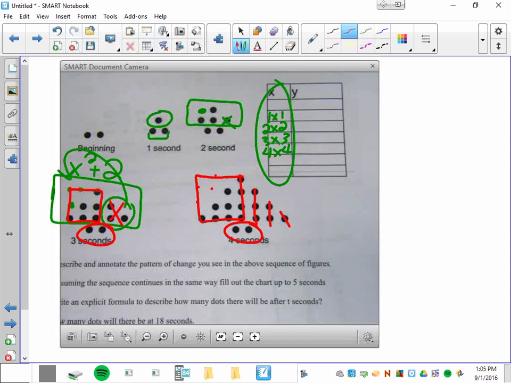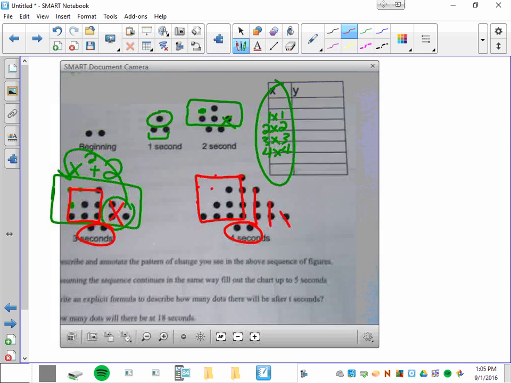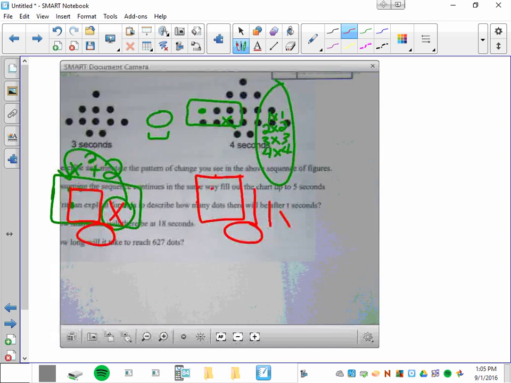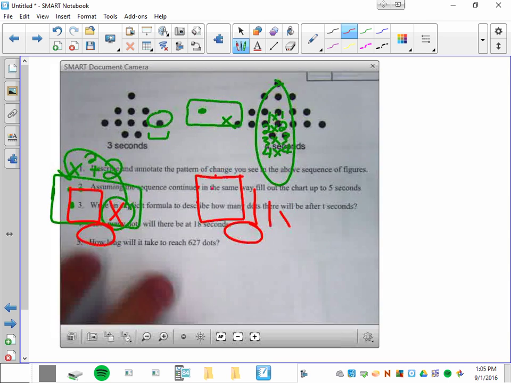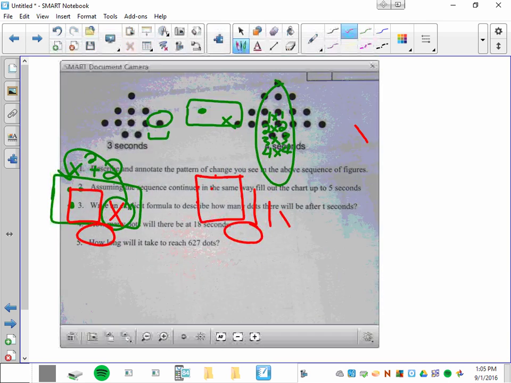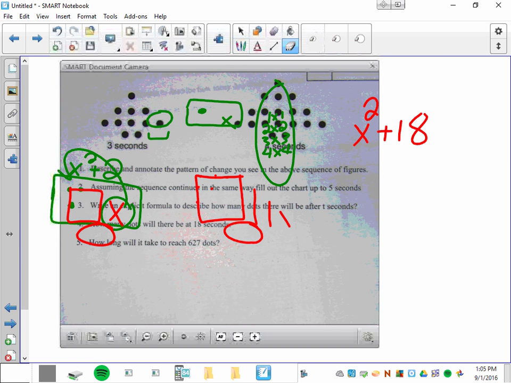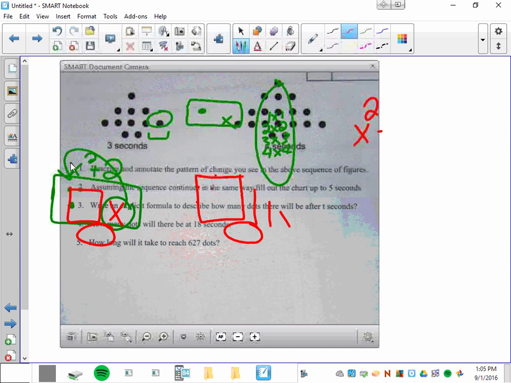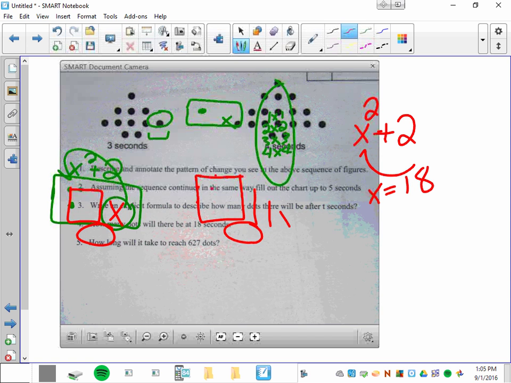Let's look now at number 4. How many dots will there be in 18 seconds? Well, the equation is x squared plus 2. I want to know what is the answer when x equals 18. So I plug 18 in there. 18 squared plus 2.